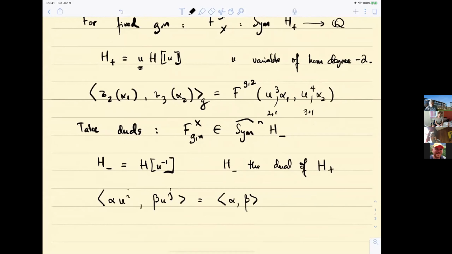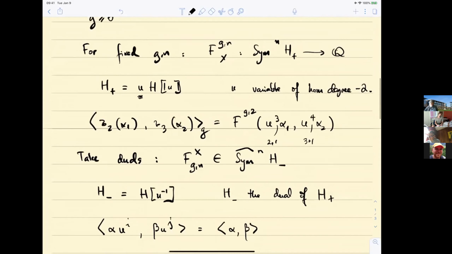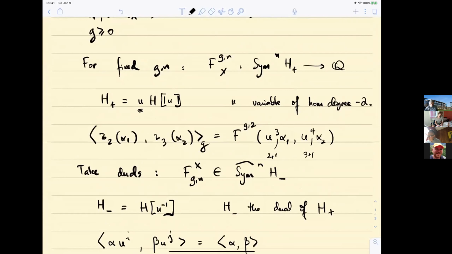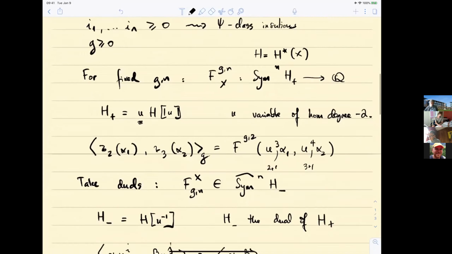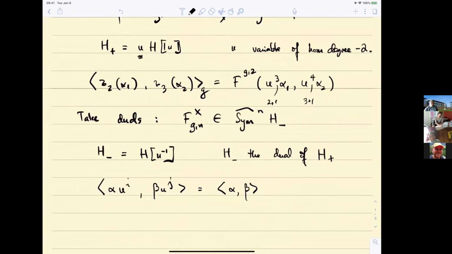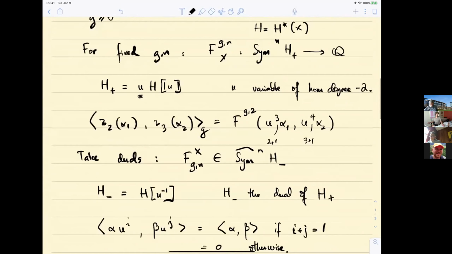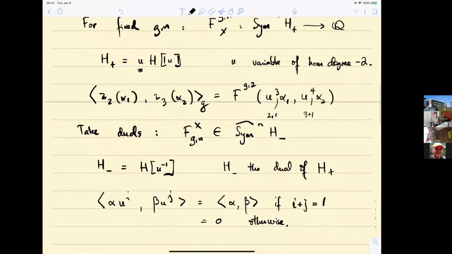Remember that H is the cohomology of X, oh, I forgot to tell you that. If I plus J equals 1, and 0 otherwise. Of course, the cohomology of X, since X is compact, has a Poincaré duality pairing.